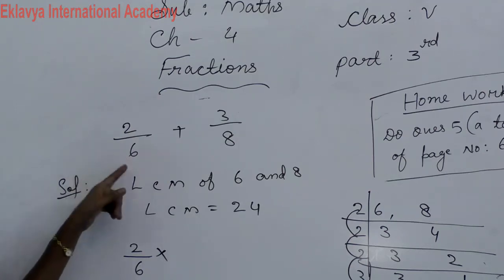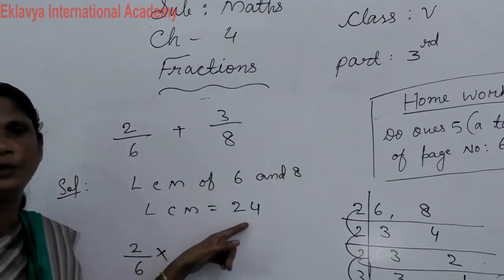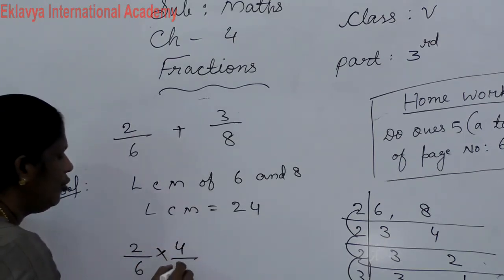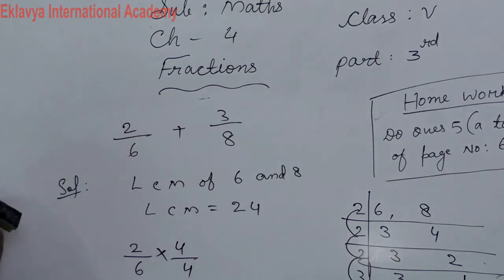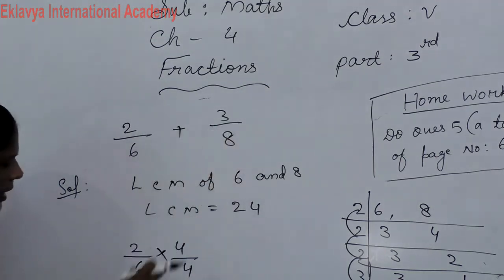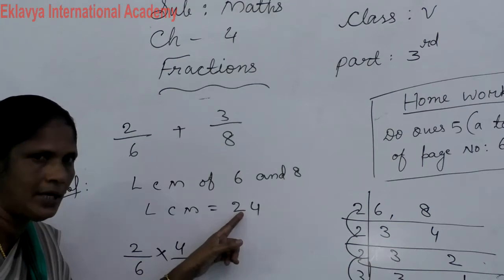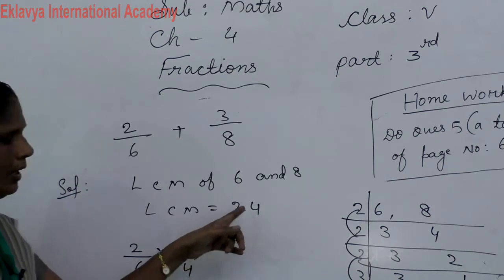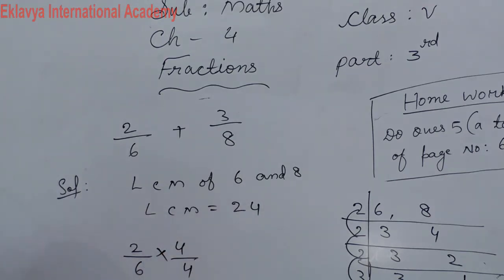How many times does 6 go in 24? 4 times. You multiply numerator and denominator. Next fraction 3 by 8 multiply. LCM divide by denominator, that is 24 divided by 8. How many times? 3 times.